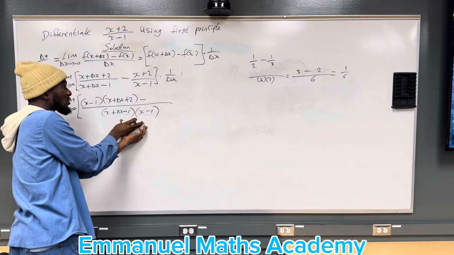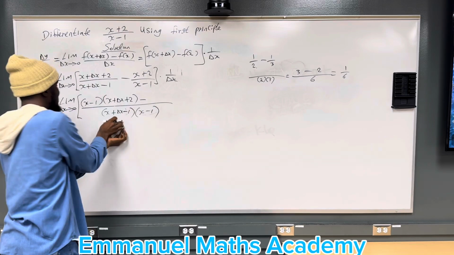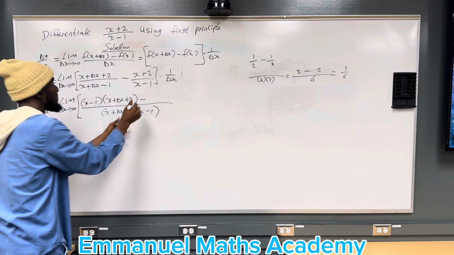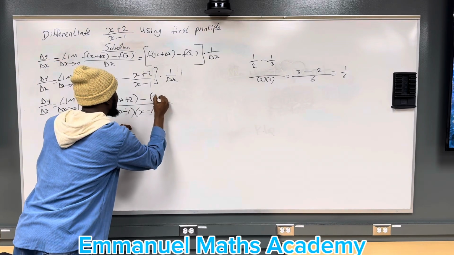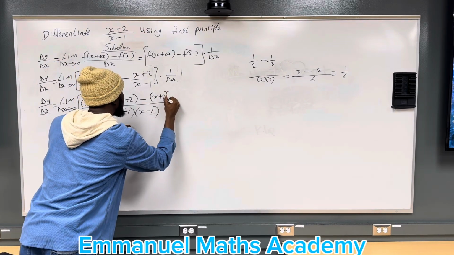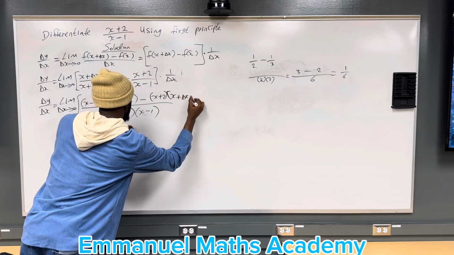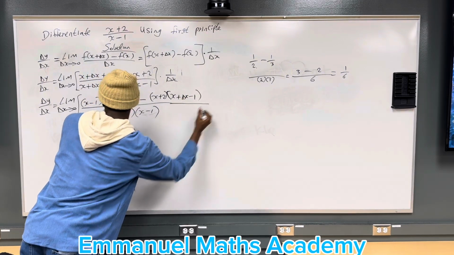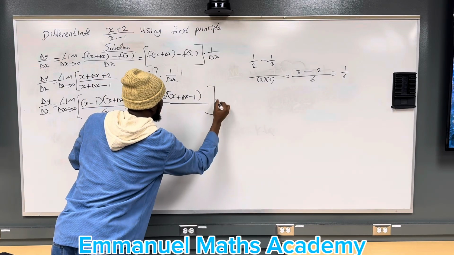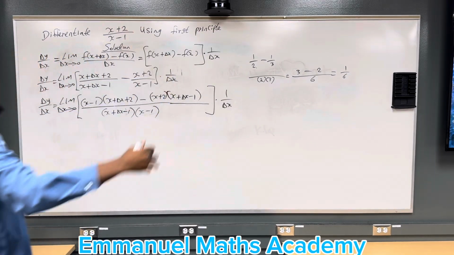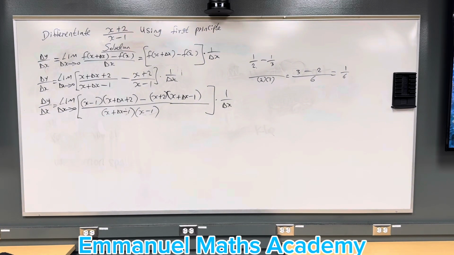If this denominator divides this, you will be left with (x + delta x − 2) times this, (x + delta x − 1). Remember, you have times 1 over delta x outside the whole of this. Right? So what do you do next?